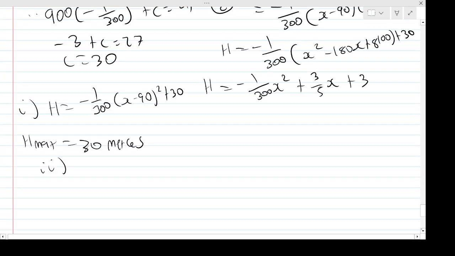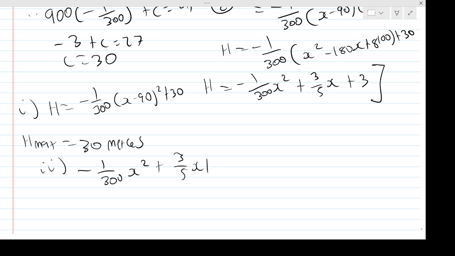We've worked out what the quadratic is, so this whole thing has to equal 0. So minus 1 over 300 x squared plus 3 over 5x plus 3 equals 0. So now I'm essentially solving that. So again, I'm going to divide by minus 1 over 300 to make it nice to work with. So I'm going to get x squared, then 3 over 5 divided by minus 1 over 300 will be minus 180x.